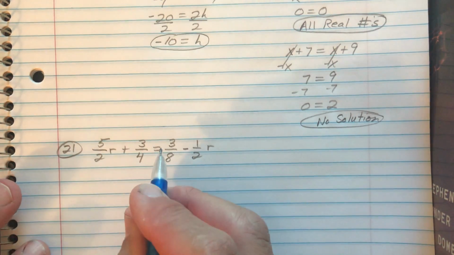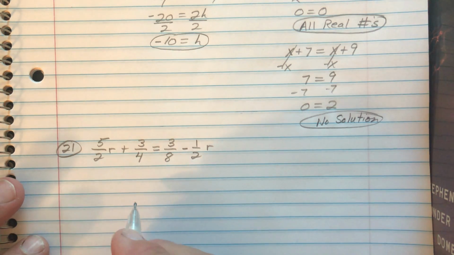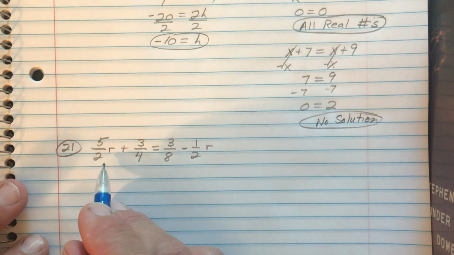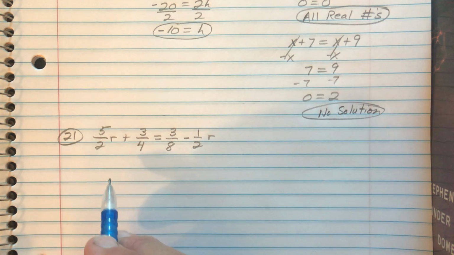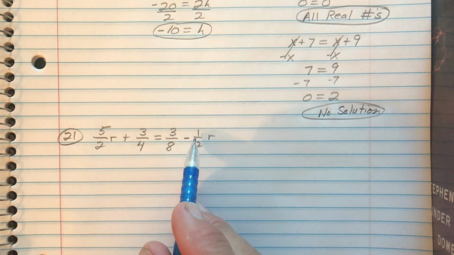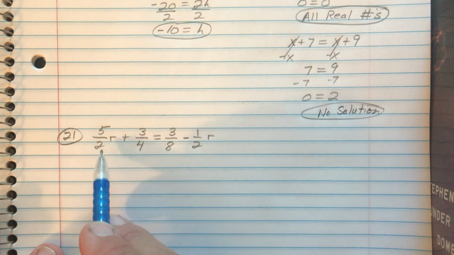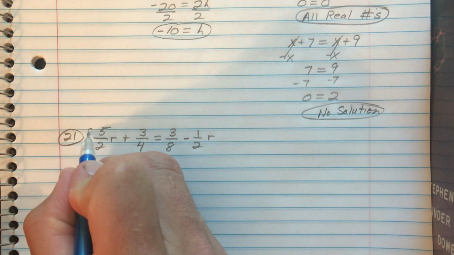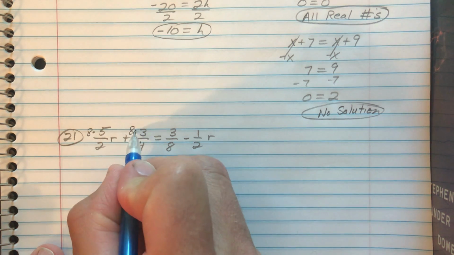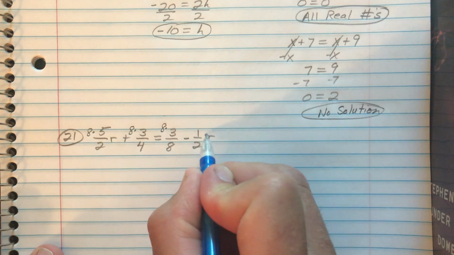You can move all the r's to one side and the numbers to the other, but it's easiest, in my opinion, to just cancel all the fractions right away. So you want to think of a number that you can multiply everything by. It has to be the same number that'll cancel out 2, 4, 8, and 2. What about 8? What if we multiply everything by 8, which is legal to do in equations.